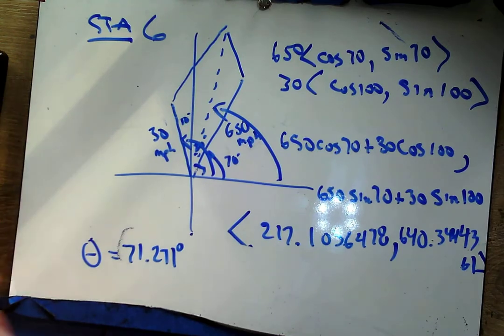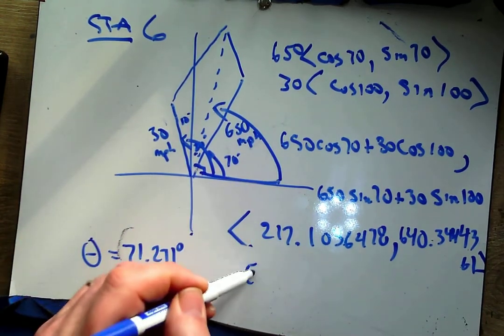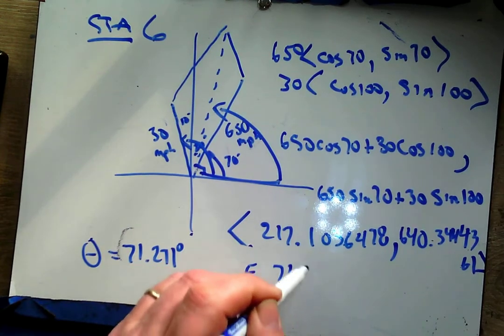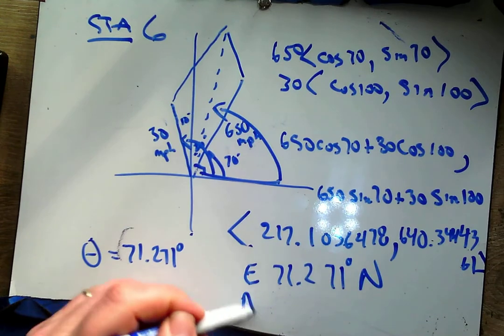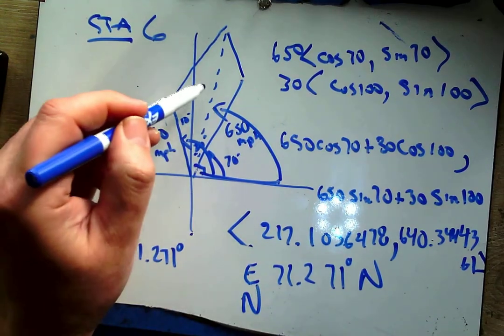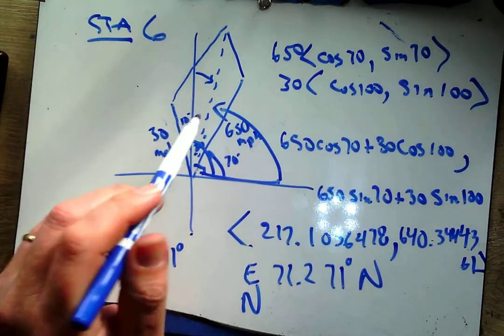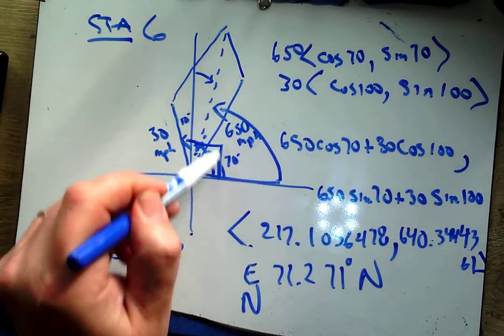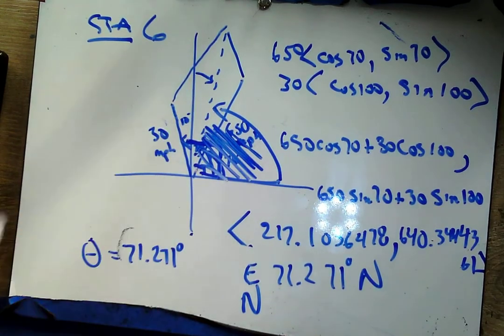And so I could say my bearing is now this way, east, 71.271 degrees north. But most people prefer to go north first, and so I actually have to find that angle. Well, the way I find that angle is I take 90 degrees and I subtract that angle to get this.